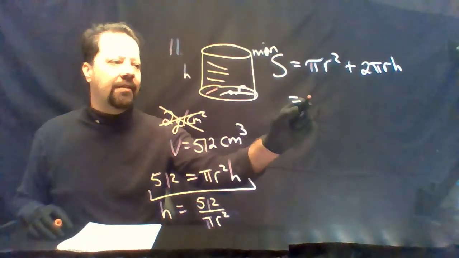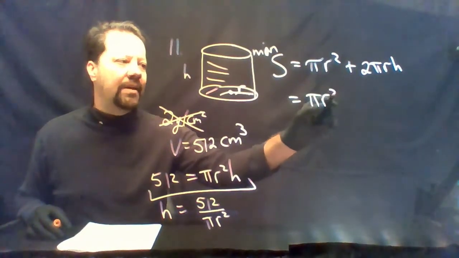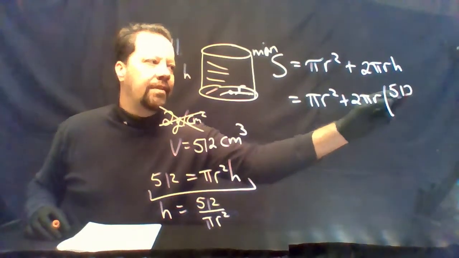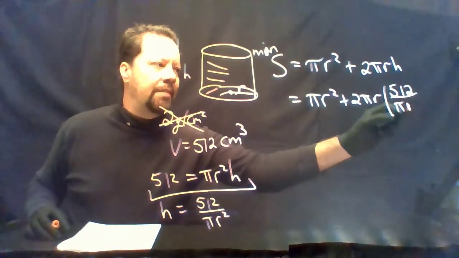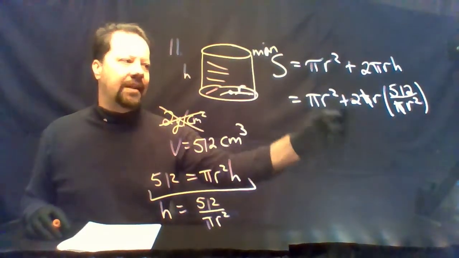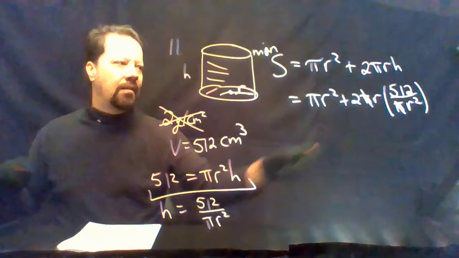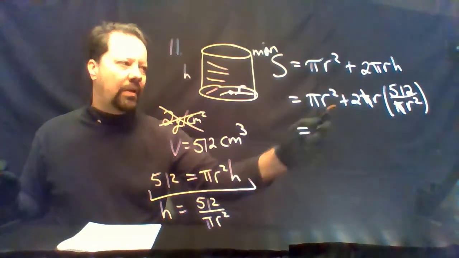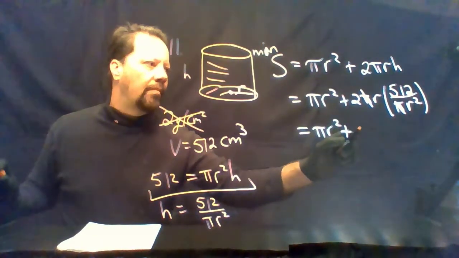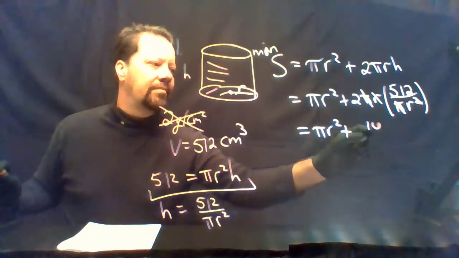The surface area formula is then pi r squared plus 2 pi r times 512 divided by pi r squared. Pi will cancel in the second term. 2 times 512 is 1024. And we can cancel an r.